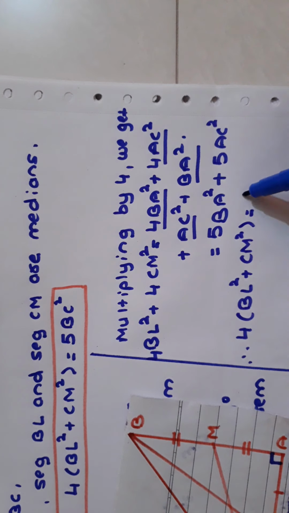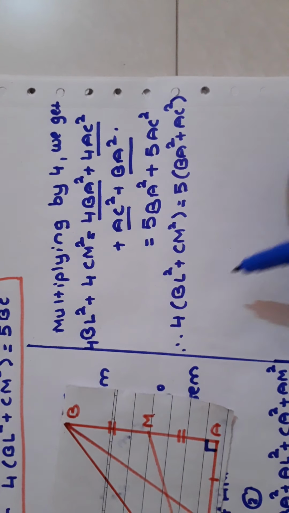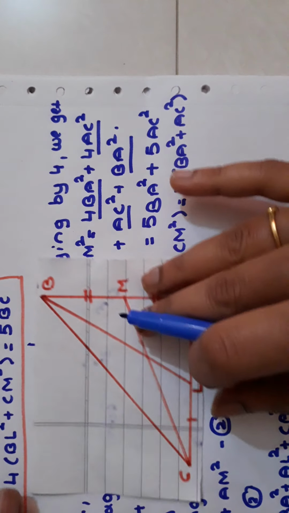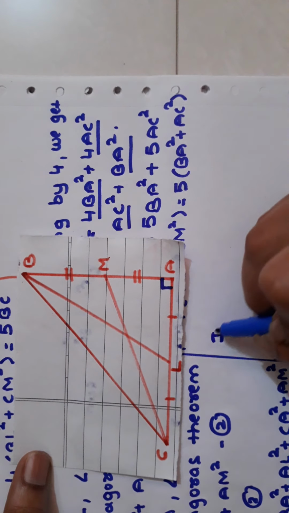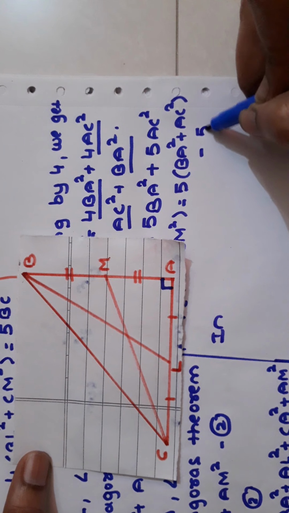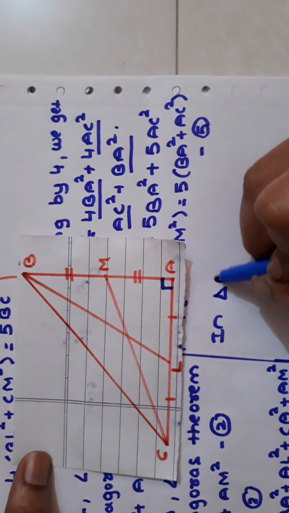Here also 5 is common. This is equation 5. Now take triangle BAC.